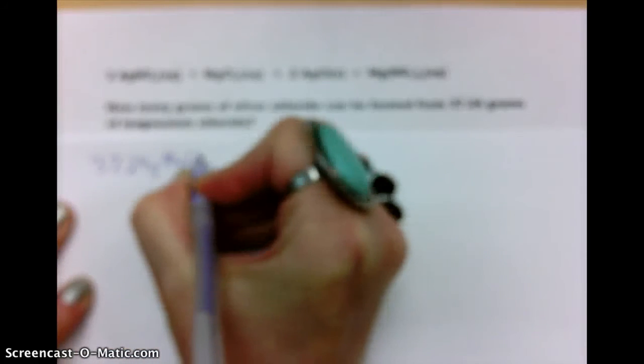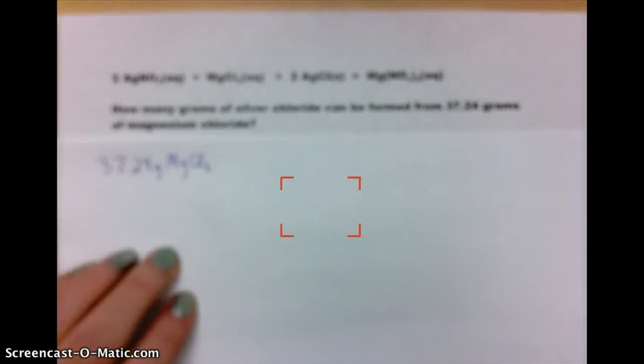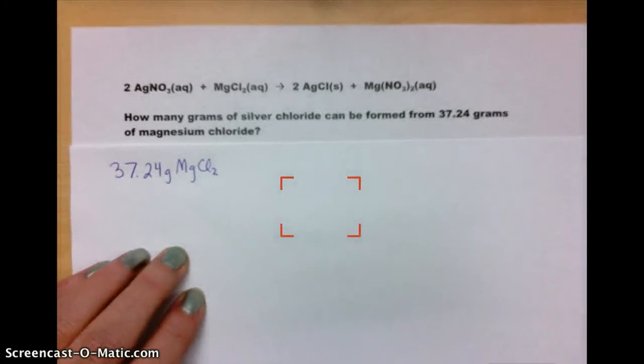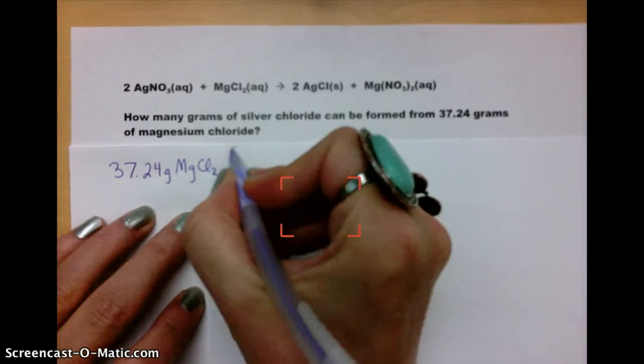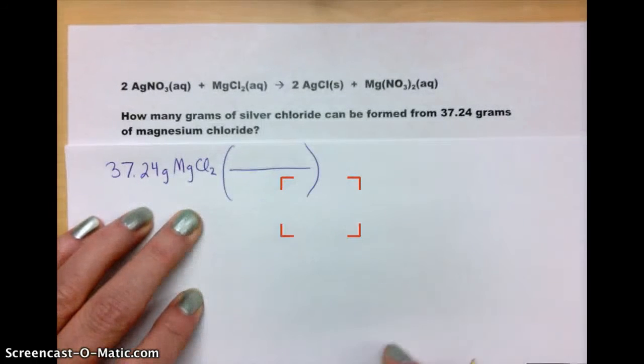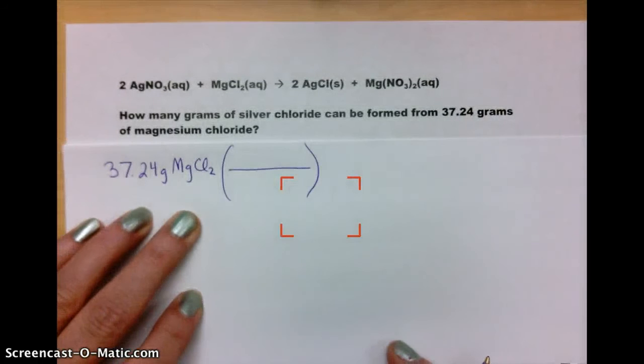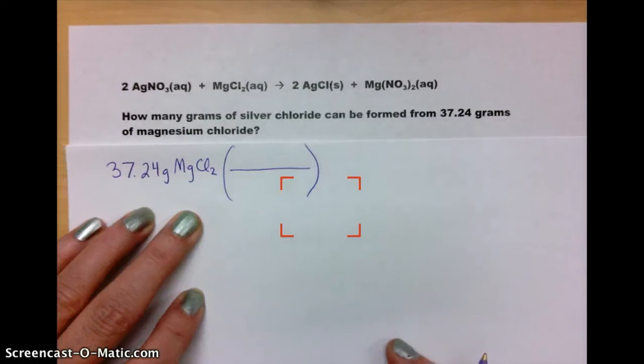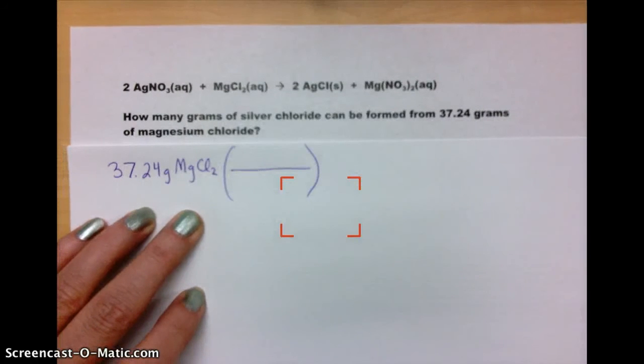And in this problem, what we are given is 37.24 grams of the magnesium chloride. Our first step is to use the molar mass of magnesium chloride to convert from grams to moles.